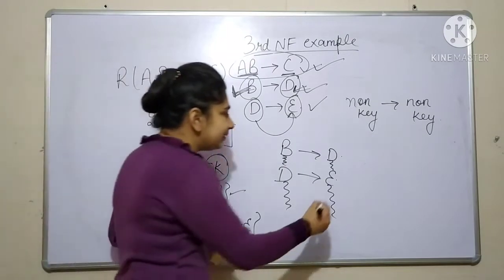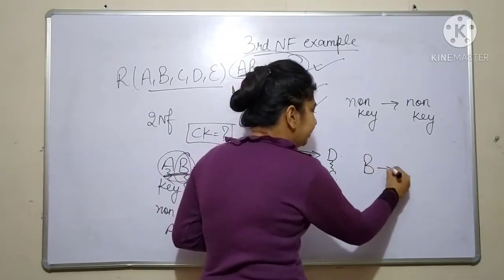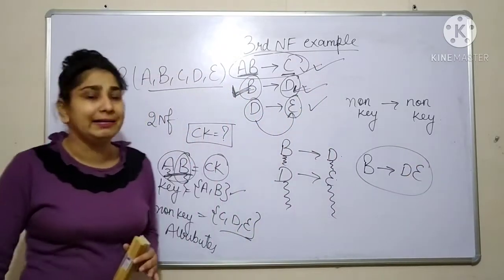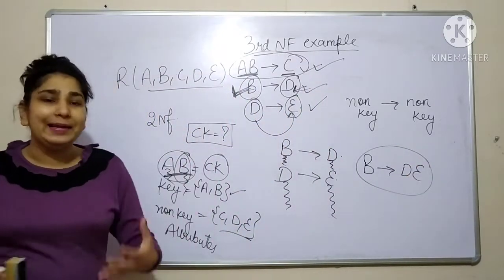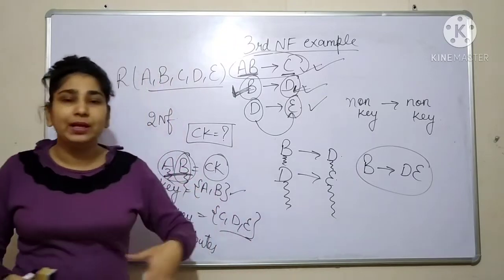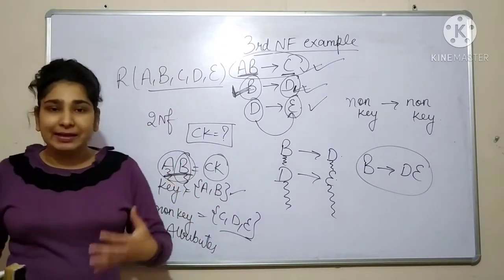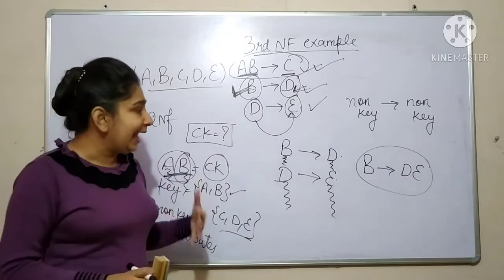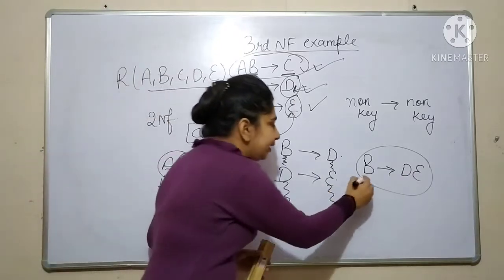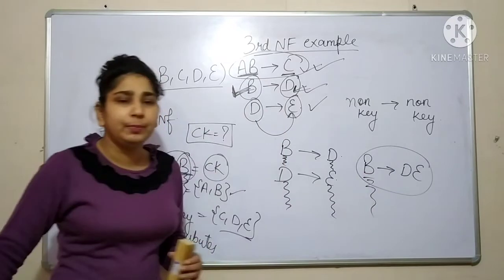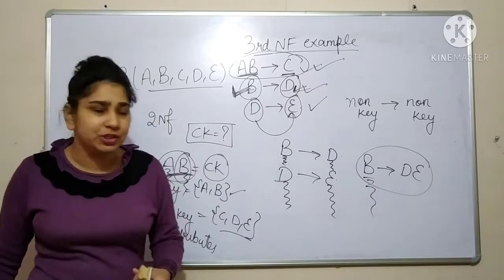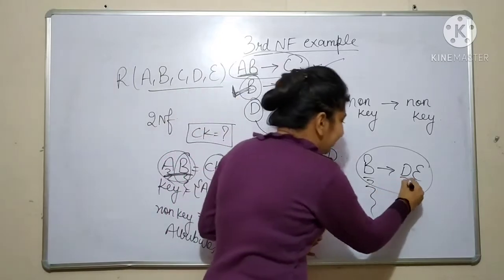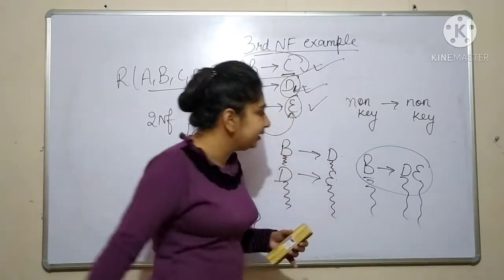So what does it mean? With the help of B, I can determine D and E. If I give you the value of attribute B, we are able to determine the value of attributes D and E. At the positions where you see duplicated values in attribute B, you would find duplicated values in attributes D and E at the same positions.